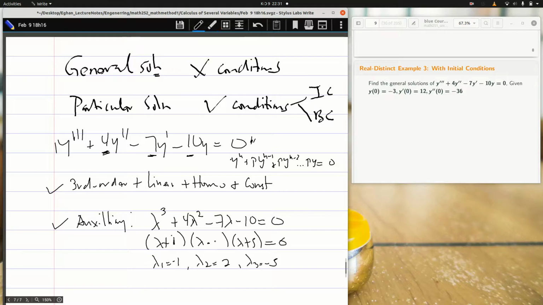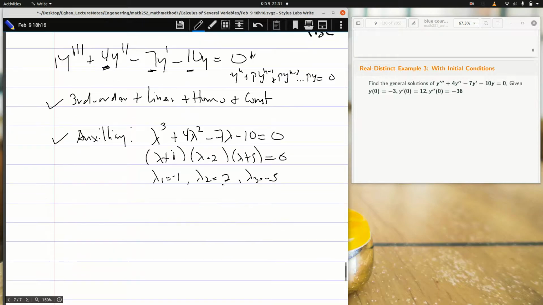Okay, so these are my roots. Classifying these roots, they are real and distinct. So what will be my general solution?